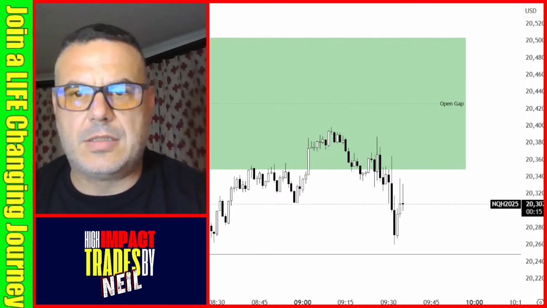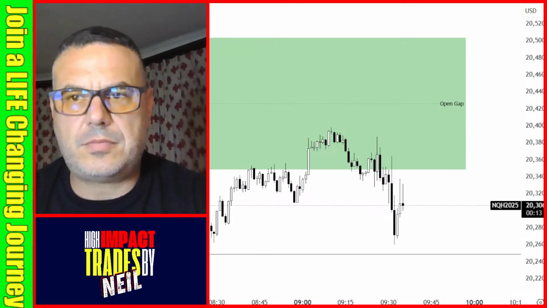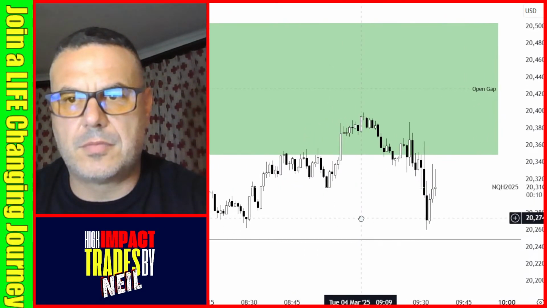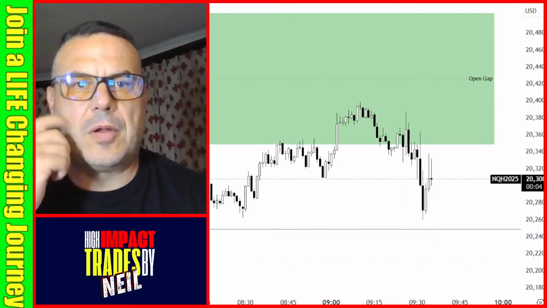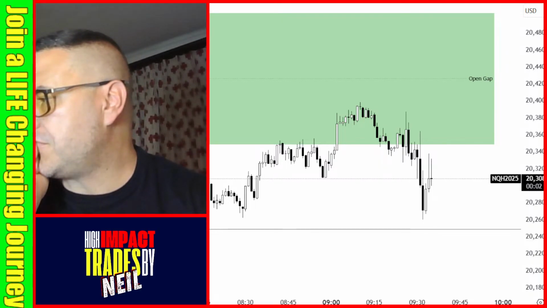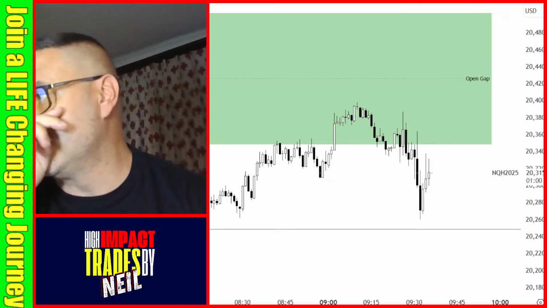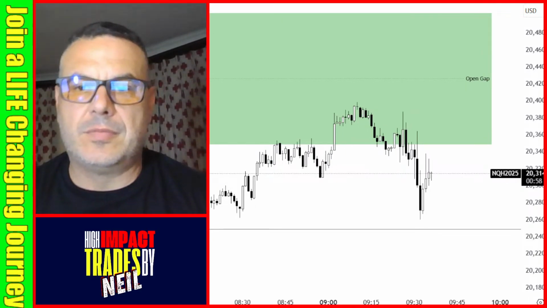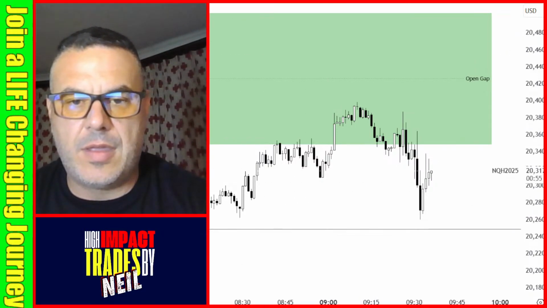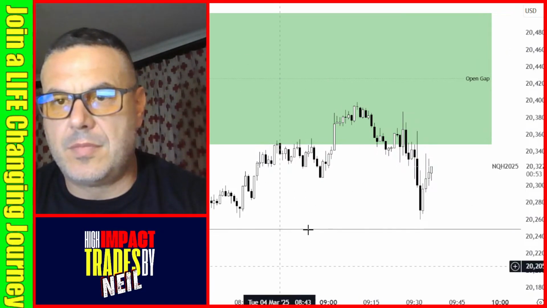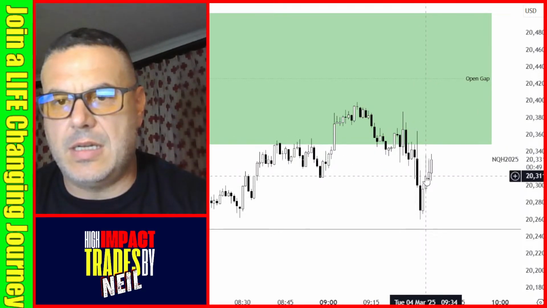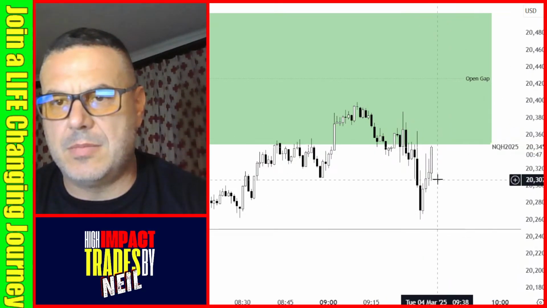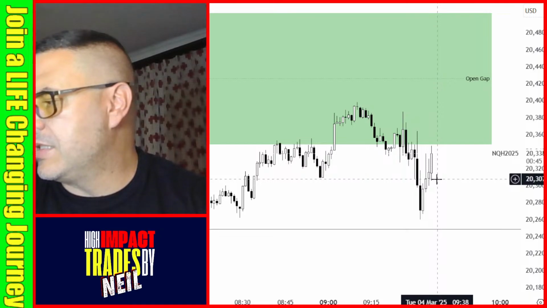Just keep an eye on this. Lots of liquidity building up here, but let's just see. I don't know if you want to go up first and then come down. Let's keep an eye.